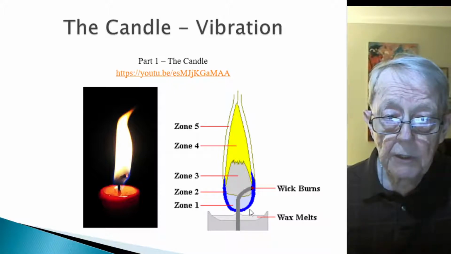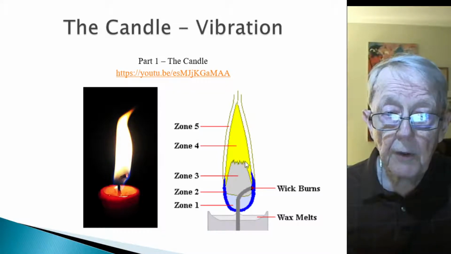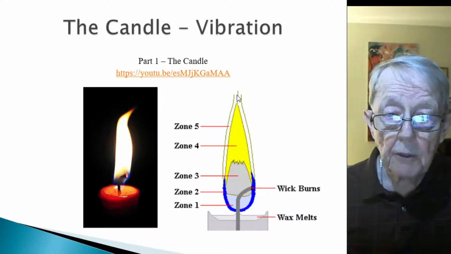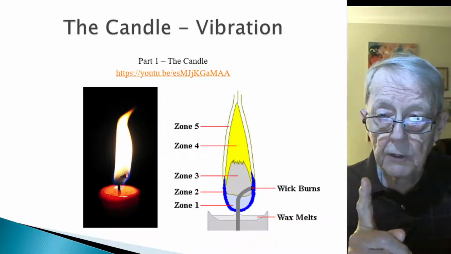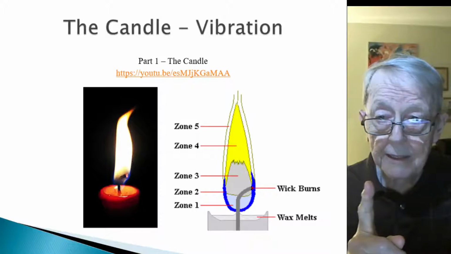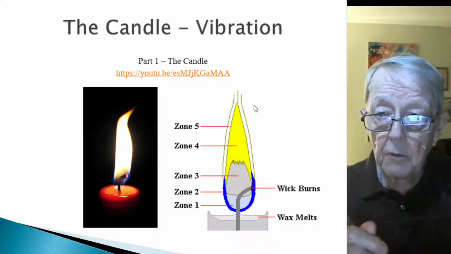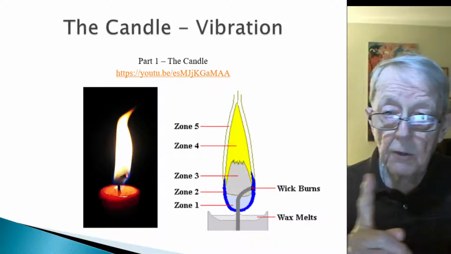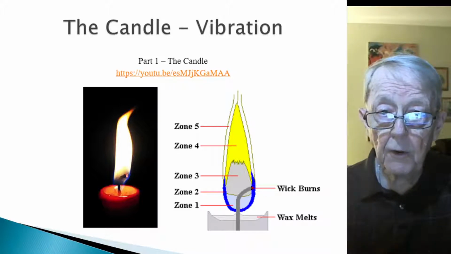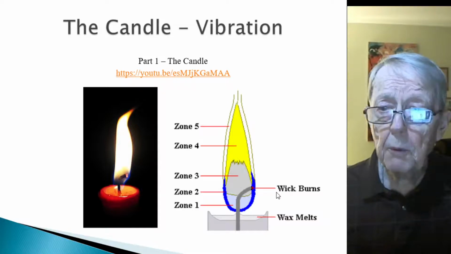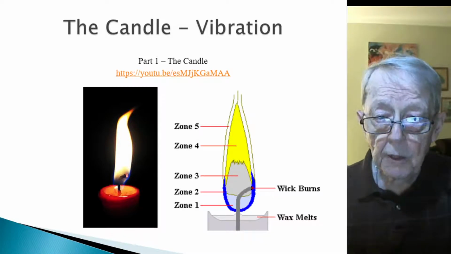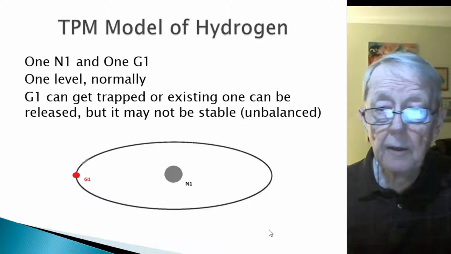You have the cooler temperature down here and the hottest temperature up here. Cool temperature causes the vibration back and forth to be very small, making blue light. When it's very hot, it moves very far, and it takes longer to move back and forth, and therefore you have a wider wavelength, which is red. Vibrating atoms is what does that. And that's what happens in the gas discharge tube.